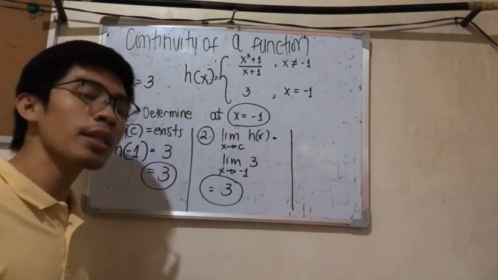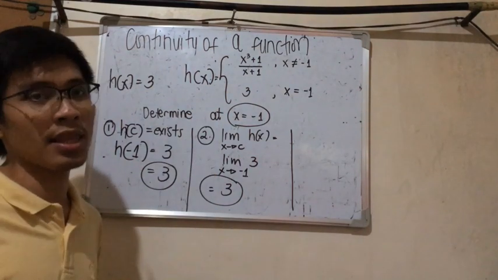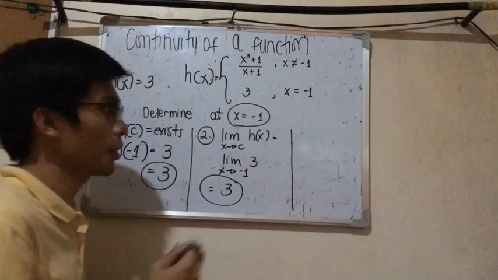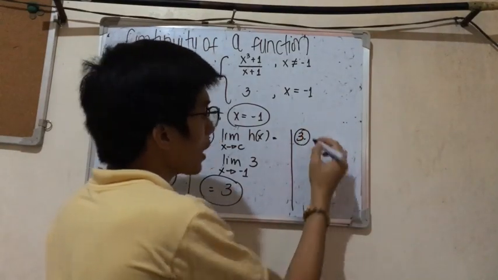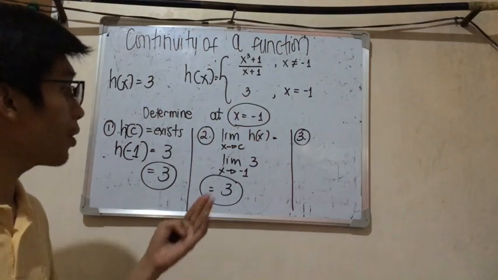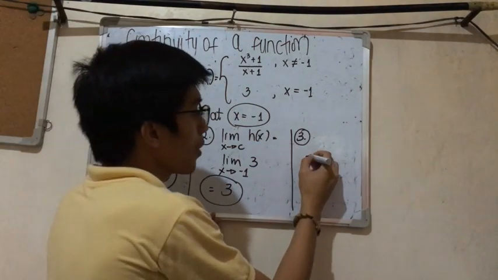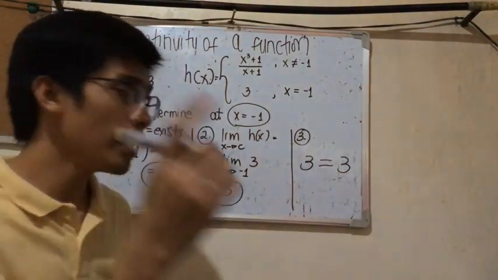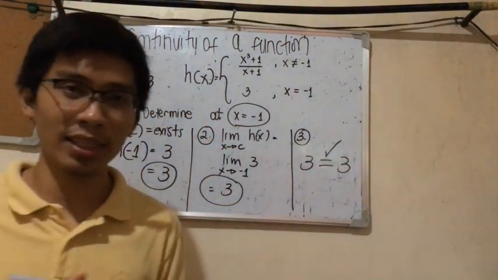Therefore, there is a reason for us to continue to our last condition by comparing the results of the first two conditions. For condition number 3, we have to compare the results. The result here is 3 and the result here is 3. Is 3 equal to 3? Yes, that is also checked.